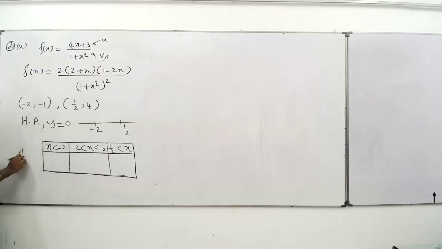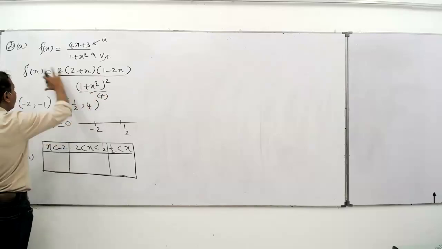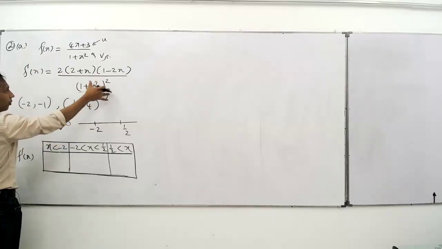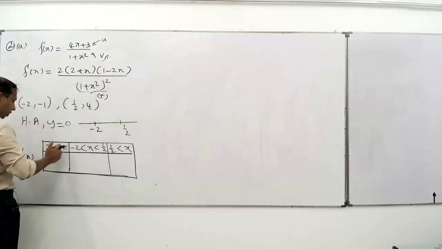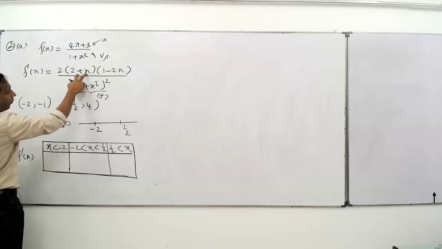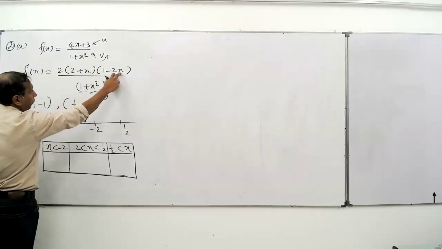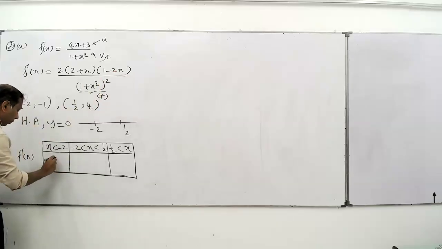And now we take the f dash x sign here. When I put x less than minus 2, we are here. This is always positive. Therefore, in finding the sign of this f dash x, don't consider this one. Take this and this. When I put a value like minus 10 for this x, this will be negative, this will be positive. Negative and positive make negative.